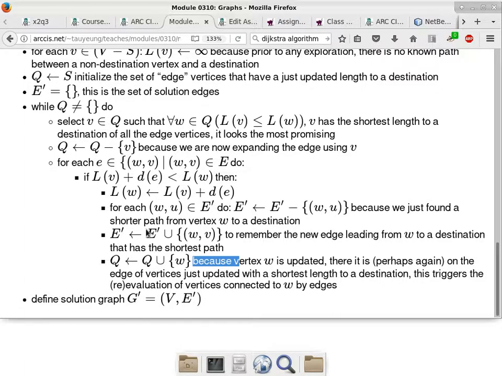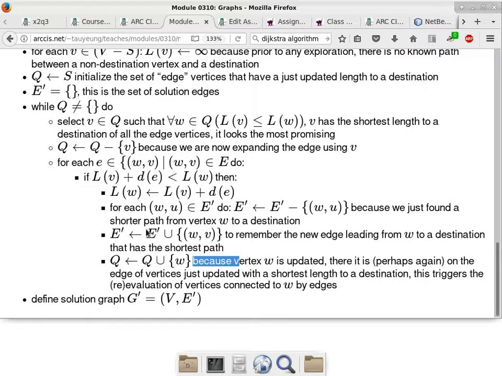So this is where we put things back into Q so that we can reevaluate things as we update something. Is that okay? All right. And when you get out of the while loop, you're all done. Then you can basically define a new graph, which is the solution.